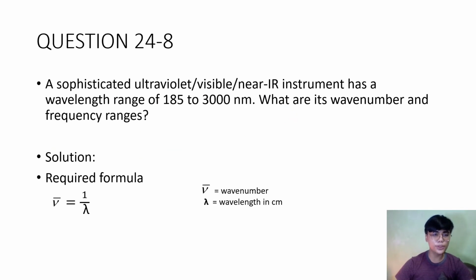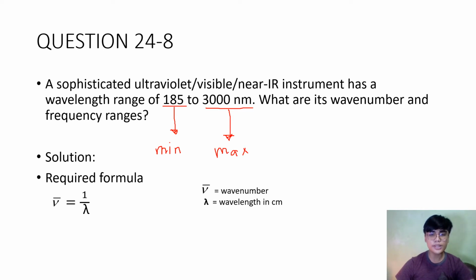For question 24-8, we have a problem: a sophisticated ultraviolet, visible, near-infrared radiation instrument has a wavelength range from 185 to 3000 nanometers, wherein 185 is the minimum of the range and 3000 nanometers will be our maximum.